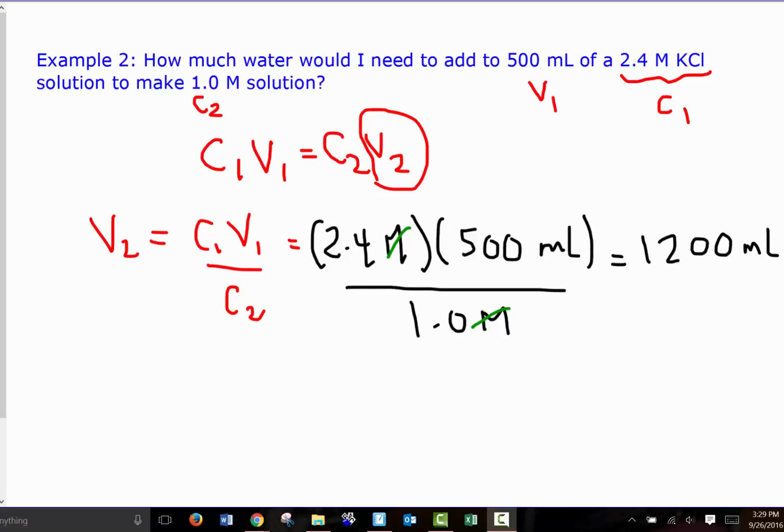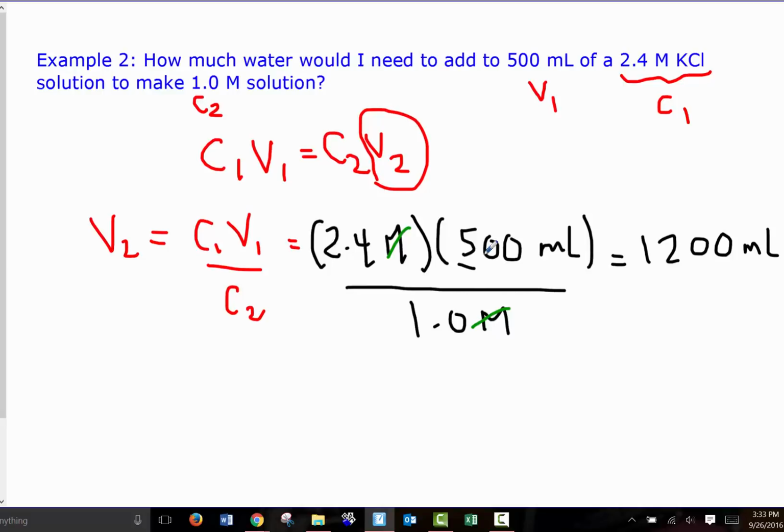Now, in terms of sig figs, just a word of caution: because we still have one more step, it's a good idea to track how many sig figs you have by underlining them, but don't actually round your answer until the very end. This question is a multiplication and division calculation, and I see that the 500 mL has only 1 sig fig, and the others have 2 sig figs.